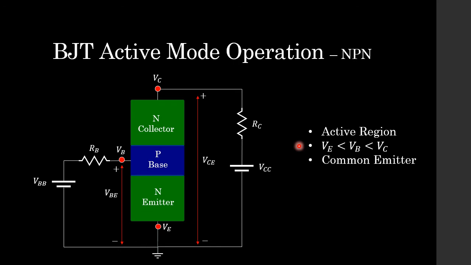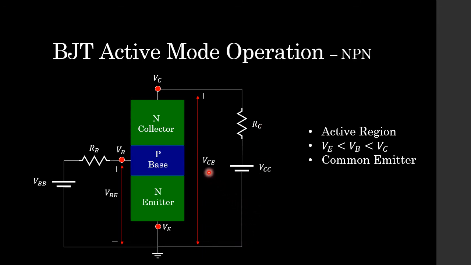Now looking at the circuit, we have a resistor RC which allows current to flow, and RB which will also allow current to flow. We have the voltage VBB, which is applied at our base terminal and our emitter terminal, because that is the common terminal, and our voltage VCC, which is applied at the collector terminal and, of course, the emitter terminal, because that is common.